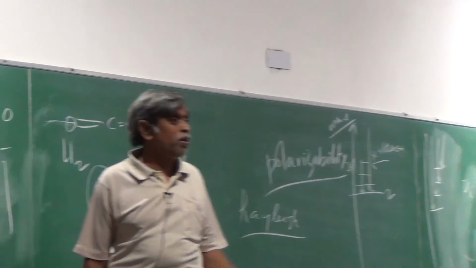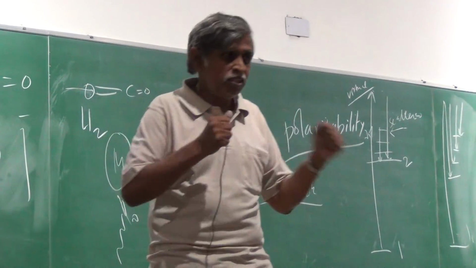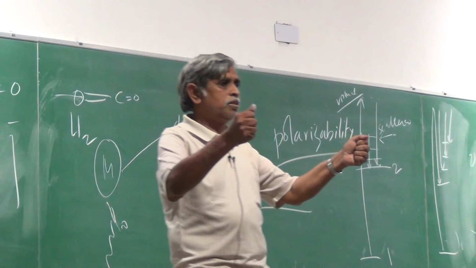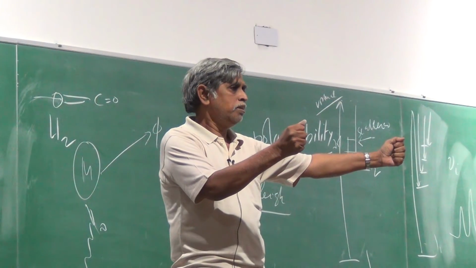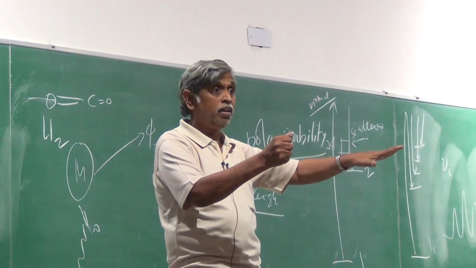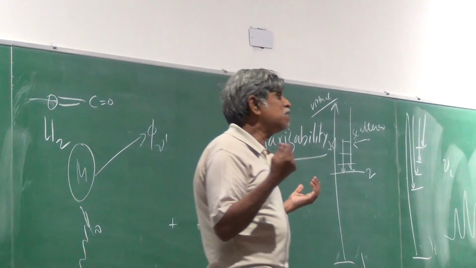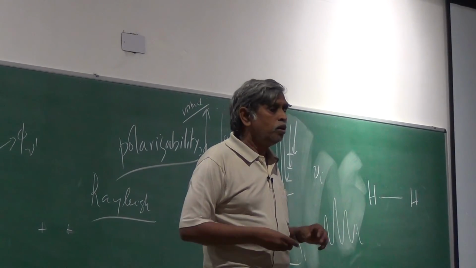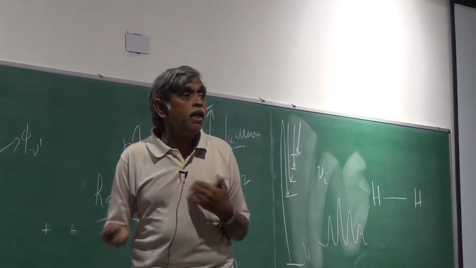And the net polarizability of the molecule, if the phases are all right, actually doesn't change. So polarizability is greater here and now less here. The net polarizability for the molecule hasn't really changed. So as this molecule is going back and forth, these two are basically compensating each other.